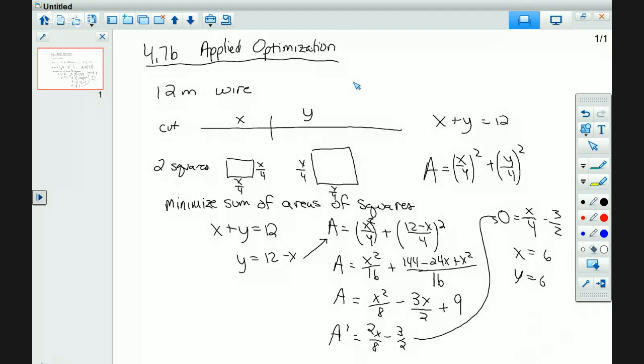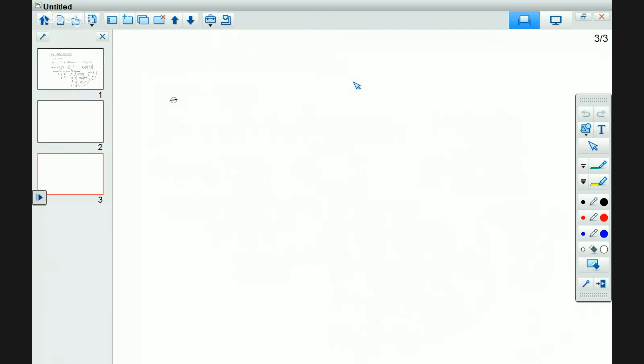Right? I mean, so if you're looking at number 5, you have a length of wire bent into the shape of an L. Minimize the distance between the two endpoints. So this is number 5, x plus y equals 4, right?